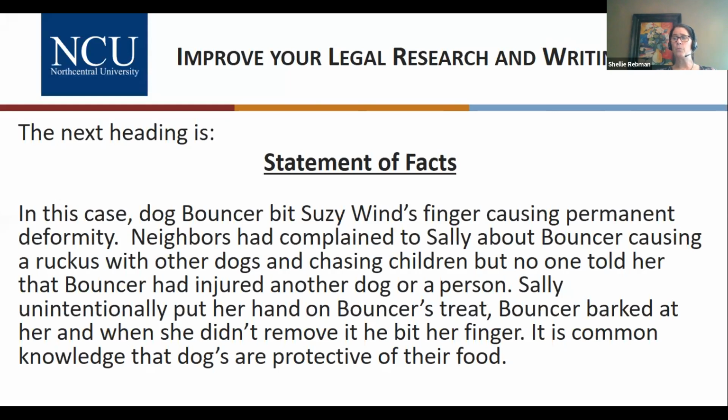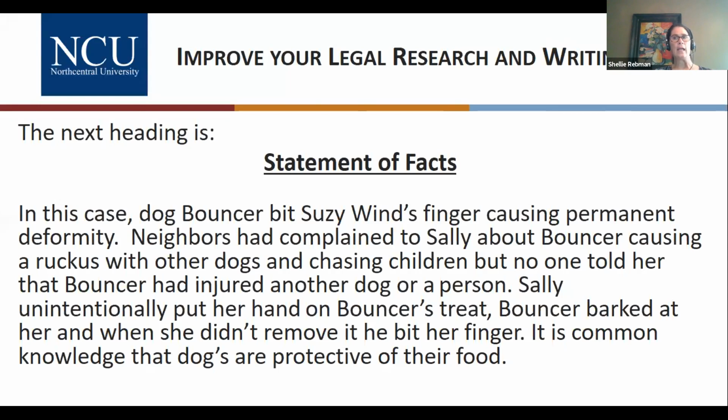And you should work to write the facts in narrative form, as if telling a story. Address the facts in chronological order to keep an easy and logical flow to your statement of facts. Legal writing is very dry, as you can see, so be sure to make the facts as interesting as possible.